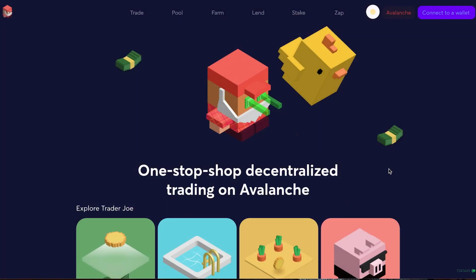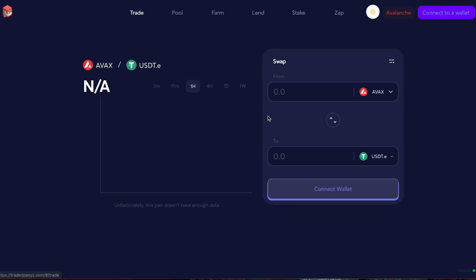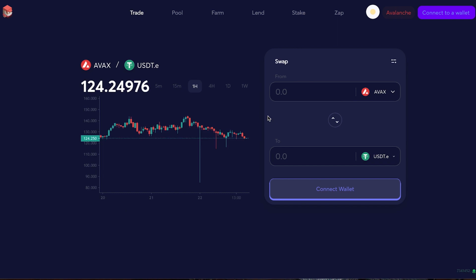So here is another decentralized exchange that I actually use far more often than SushiSwap or Uniswap. This one exists on the Avalanche blockchain, which is just another coin that has their own blockchain protocol. And Avalanche has extremely cheap transaction fees.